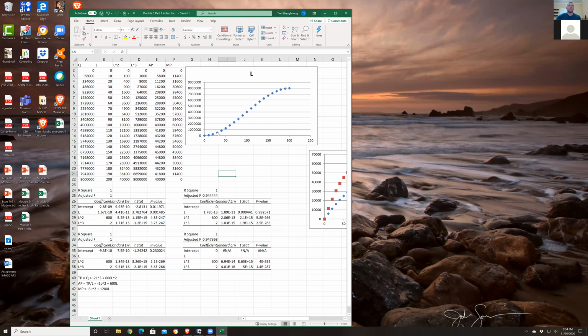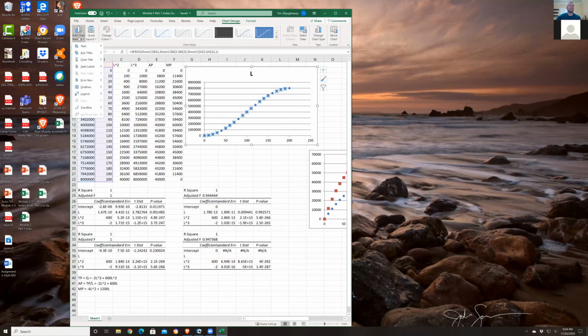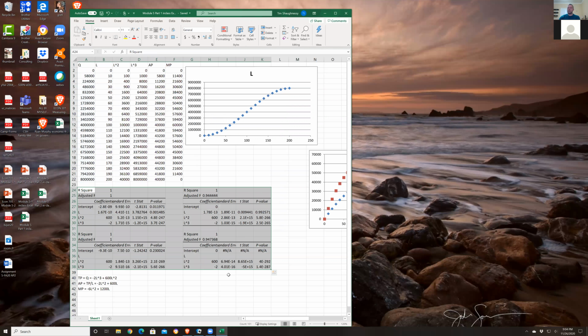You can see a bunch of regressions down here, and I'm pretty sure there's a video about this particular practice problem. On the left-hand side of the regressions, I let the regression itself decide what the intercept should be.